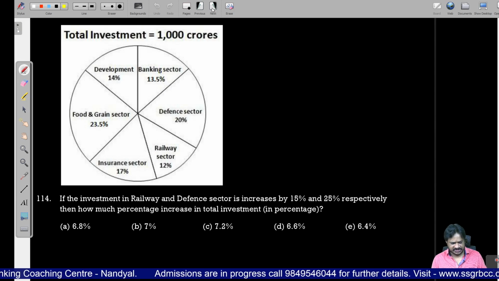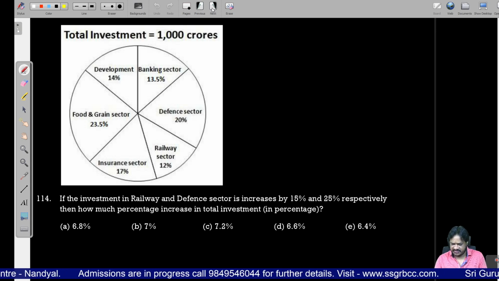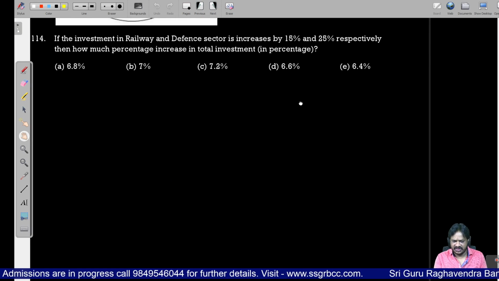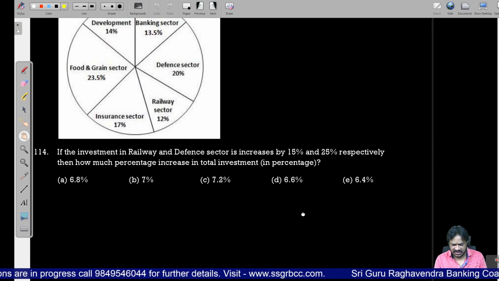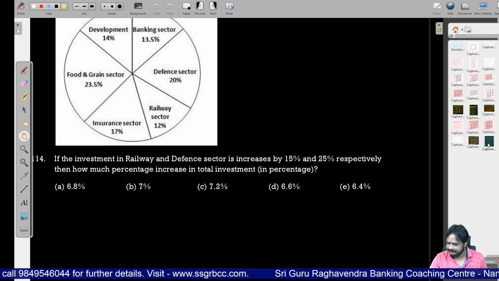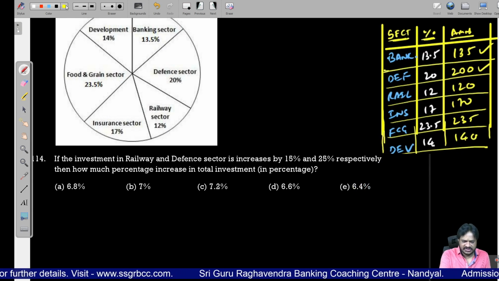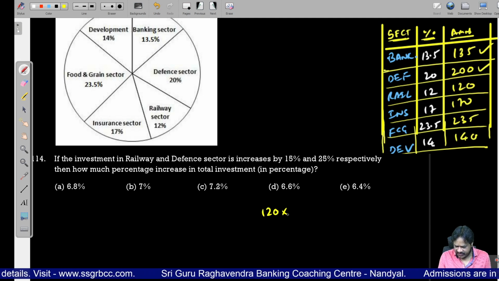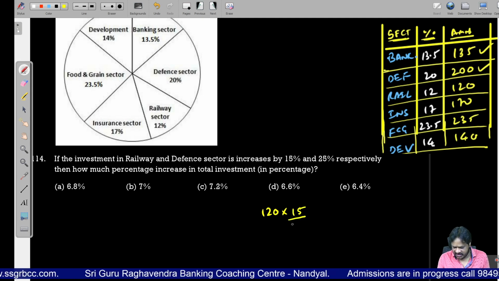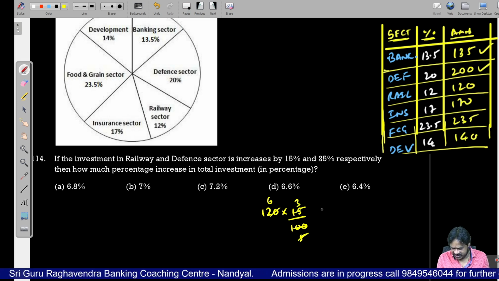If the investment in railways and defense sectors is increased by 15% and 25% respectively, find how much is the increase in the total investment. Railways is 120, increased by 15%. We have to take only the increase value, which is 18.